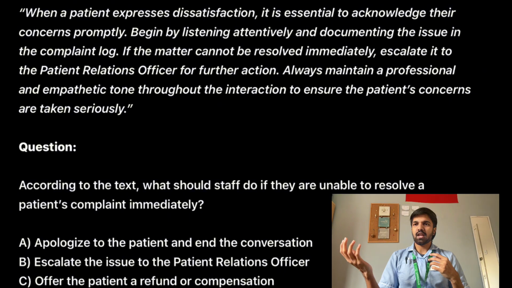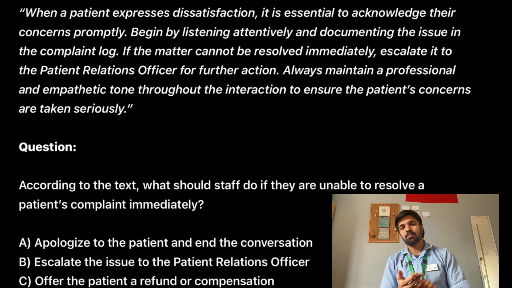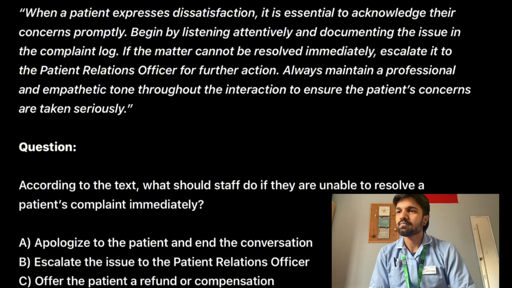Some patient came with their complaints. If I couldn't resolve their concerns, what should I do immediately? Simple. You deal with these things in hospital on a day-to-day basis. So it is very simple, guys. Don't make it complex. It is really simple.